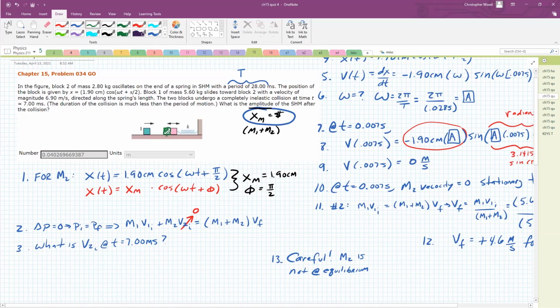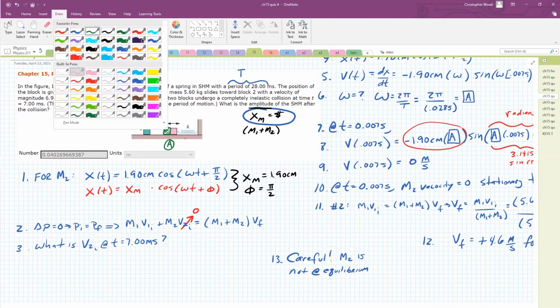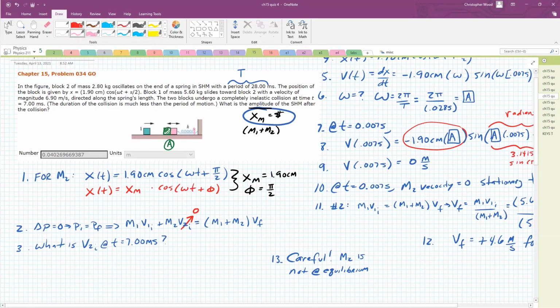I'm going to call this energy state A. And then block 1 and block 2 are going to keep going to the right and slow down to a stop. So here's block 1 and block 2 over here. Once they've come to a stop, there's block 2, and here's block 1 stuck to it.